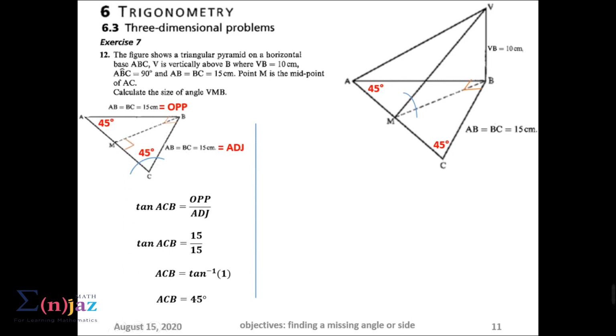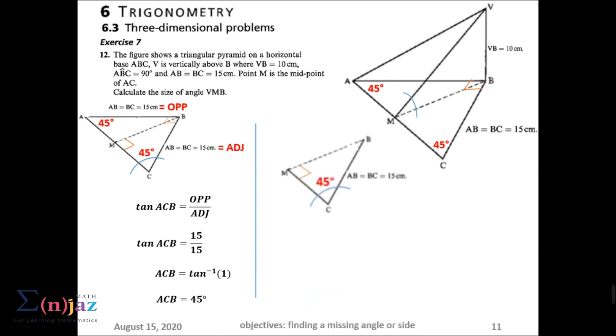Now, this is 90 degrees. Why? Because, like I mentioned at the very beginning of the video, the line from the apex B down to base AC is perpendicular to base AC. Perpendicular means it creates a 90 degrees angle.